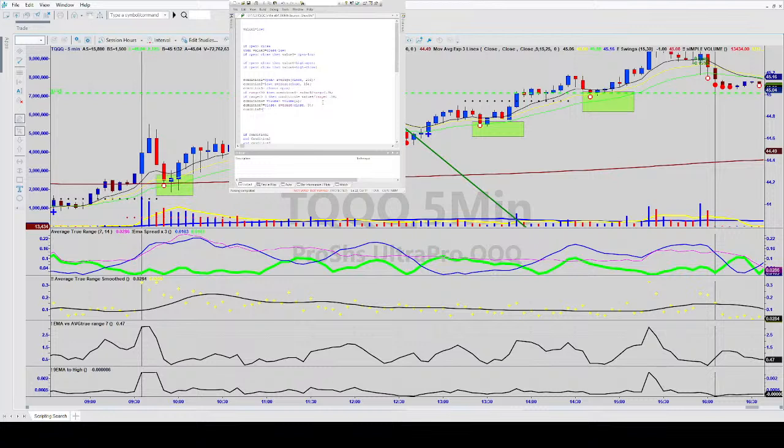So it'd be the open of 1 ago minus the low is greater than the range of 1 ago times 1.2. Let's try 1.2.